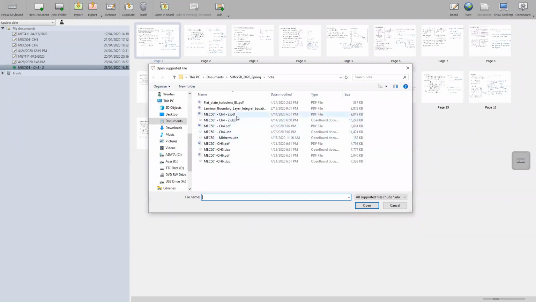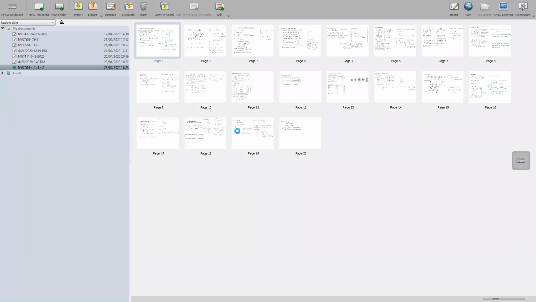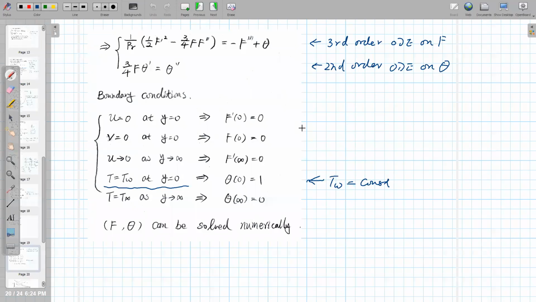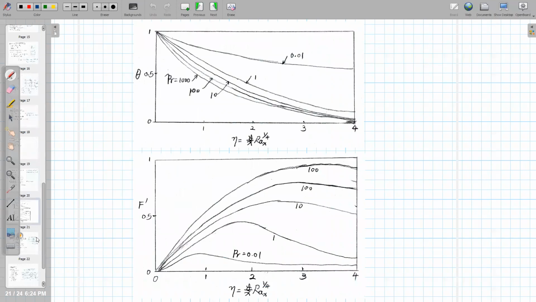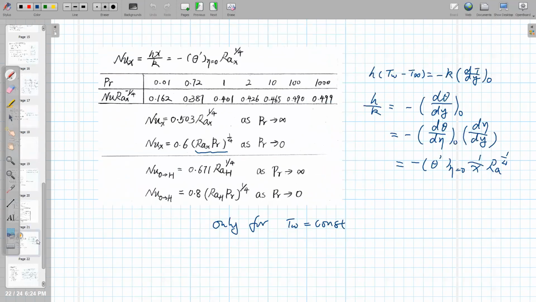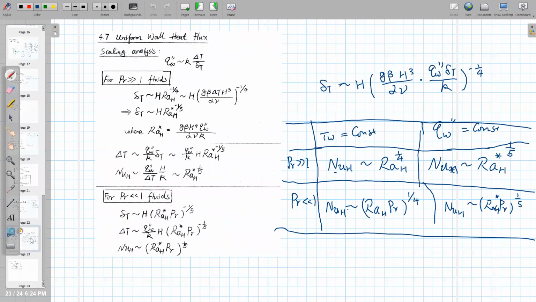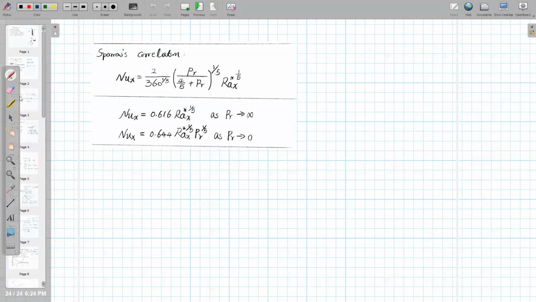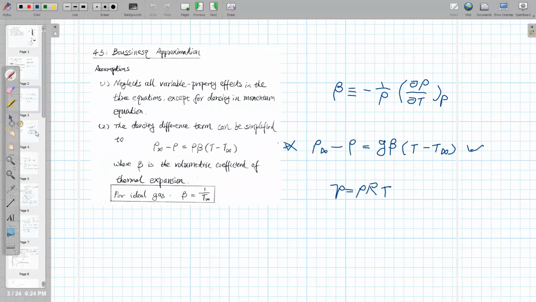Chapter 4. Vertical plate. Do I have it? Oh, I didn't. I forgot where it is.